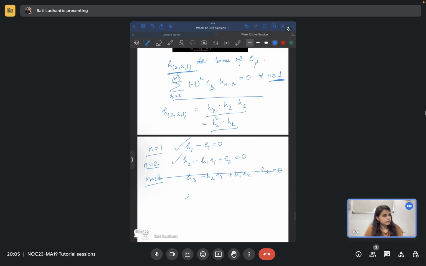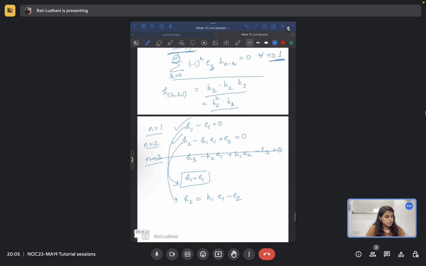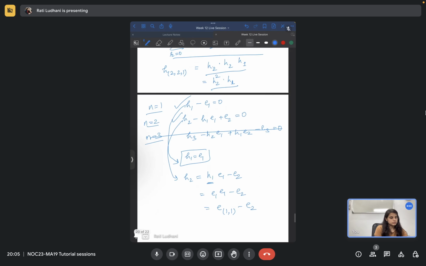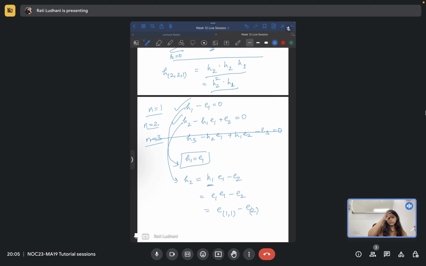Now what you can do, h1 is equal to e1 first. Second, h2 is equal to h1 e1 minus e2, right? This is from this and this is from this. Now you know that h1 is e1, so h2 is e1 squared minus e2. You can write it at the level of partitions, in the form of partitions.